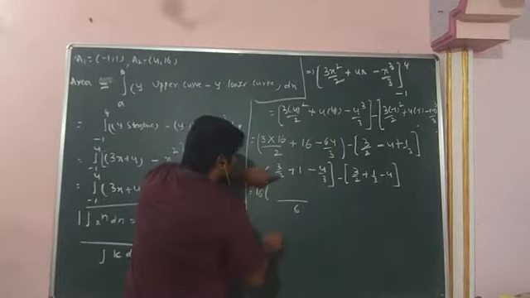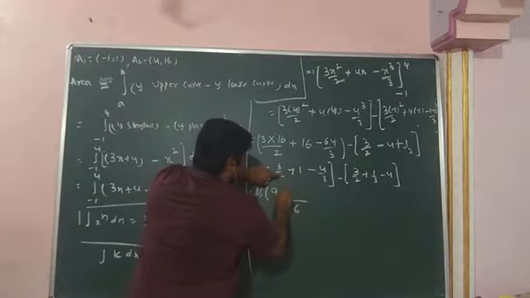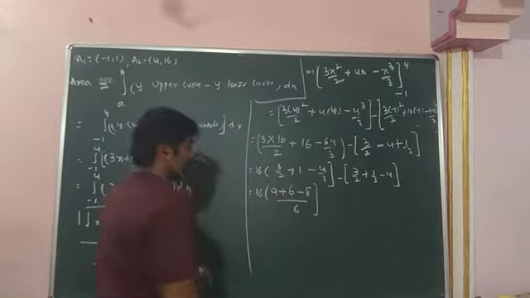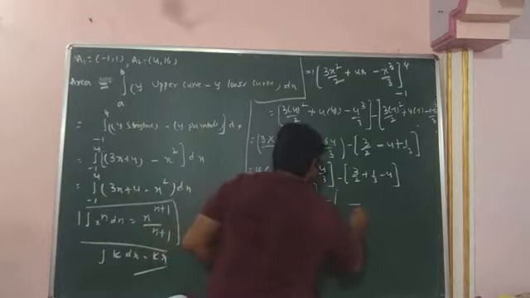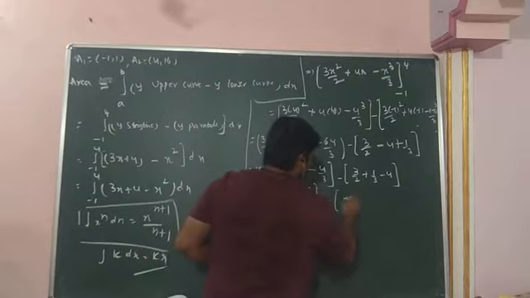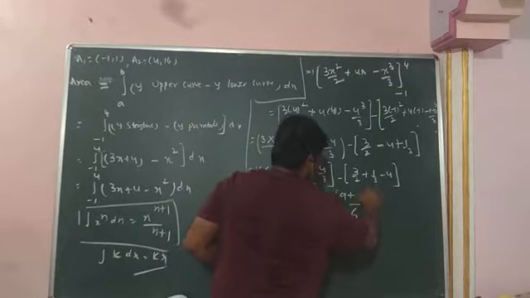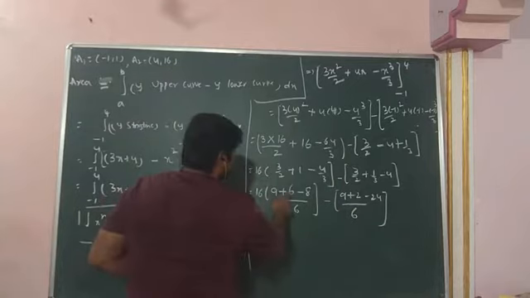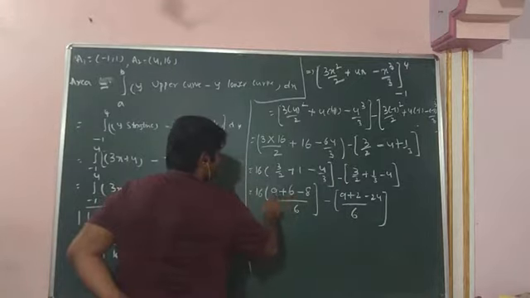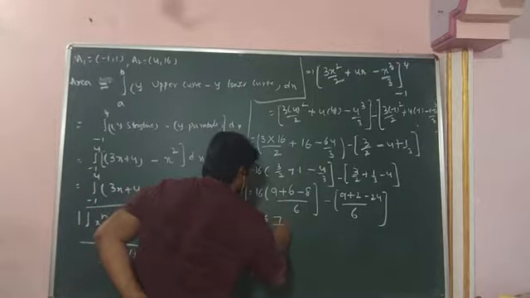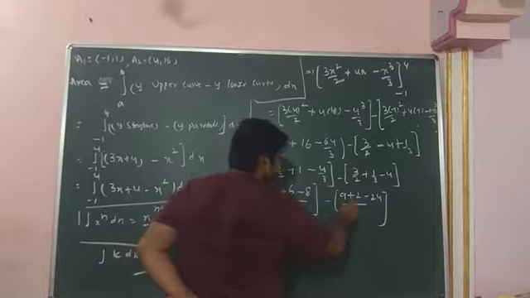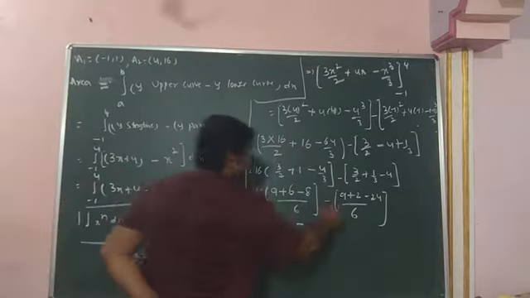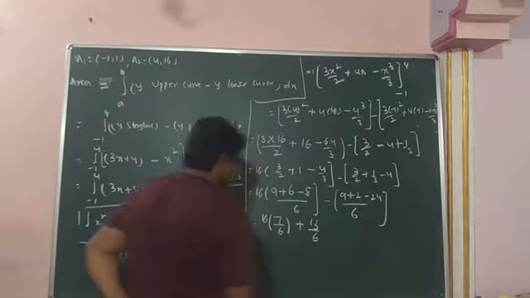We get 9 plus 2 minus 24, which is 7 by 6 minus 11, so 24 minus 11 gives 13. Minus into minus is plus, so 13 by 6.